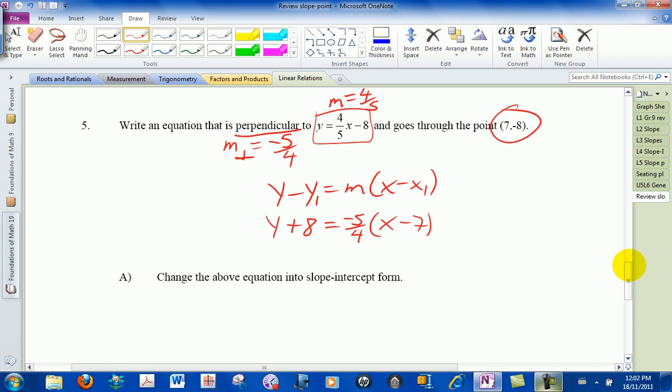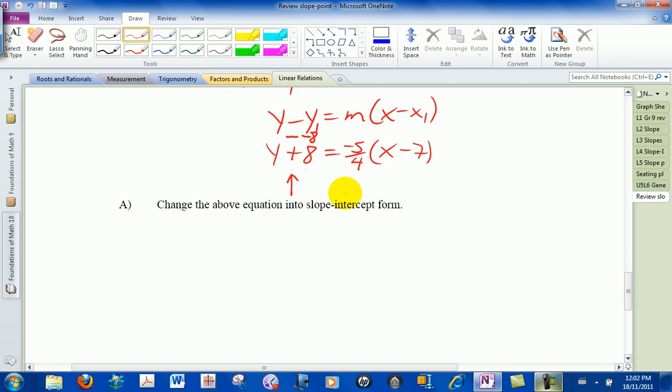So there's our equation. Again, our y value is a negative 8. So we have to have a minus negative 8 to start with, and we change it to a plus 8. Okay. Now we want to change that equation to slope-intercept. Go.